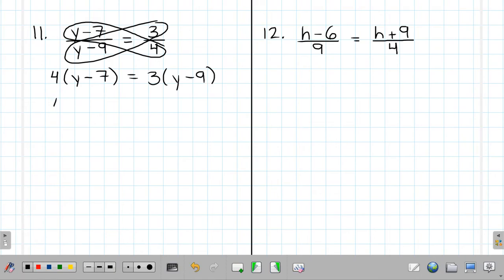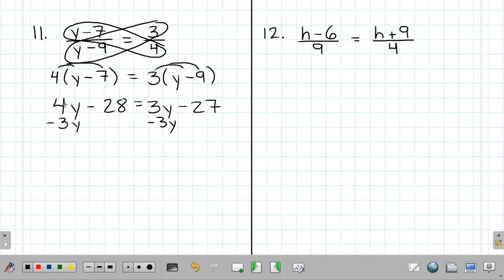So once again, distribute: 4y minus 28 is equal to 3y minus 27. Once again, where I'm getting these numbers is I'm distributing everything out, okay? Same process. I'm going to subtract 3y. 4y minus 3y is 1y, so just y minus 28 is equal to, those are going to go away, giving me negative 27.